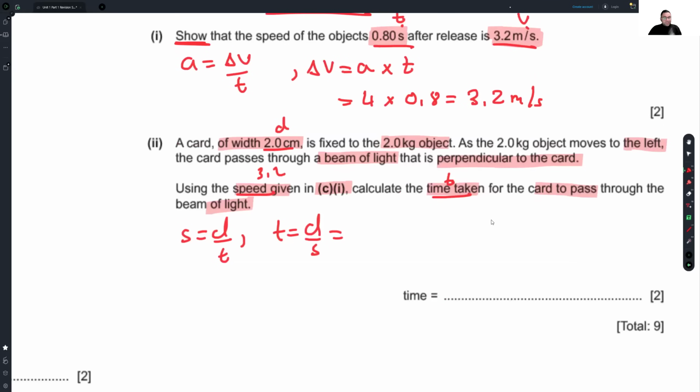Distance is 2 centimeters. It's in centimeters. So I need to change it to meters. So 2 divided by 100 gives us what? 0.02. So it's 0.02 divided by 3.2. Even it has to be in meters.